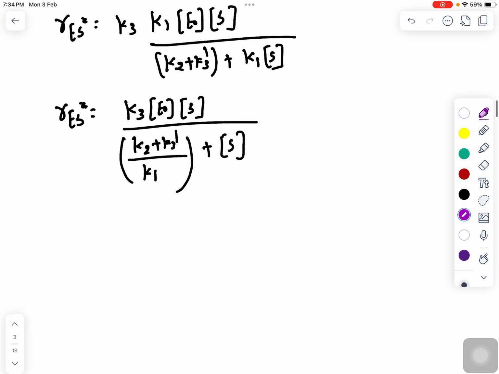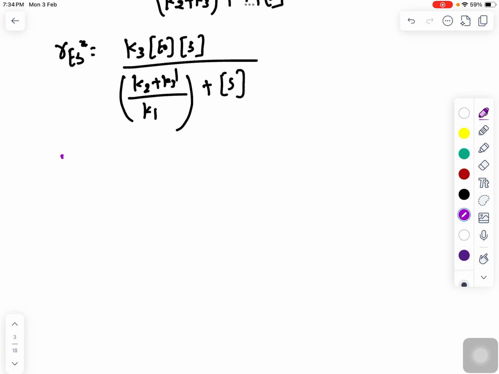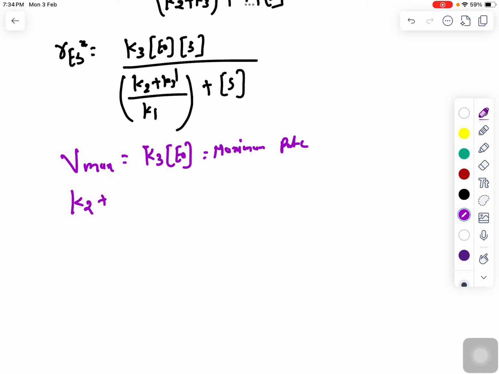So here I am going to define some parameters. Let's say Vmax. Vmax is the maximum rate, that is K3 and concentration of E naught. So Vmax is the maximum rate for the enzyme substrate reaction. And K2 plus K3 dash divided by K1, that can be called Km, that is Michaelis constant, right?